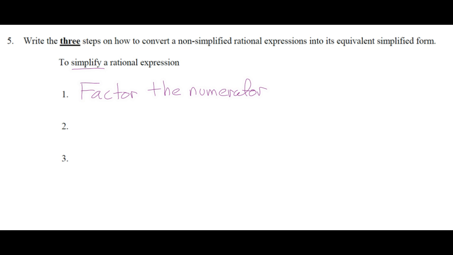From the factored form of the denominator. Okay? So step one, factor the numerator and the denominator. Step two, state the restrictions from the factored form of the denominator. Step three, simplify by canceling common factors.